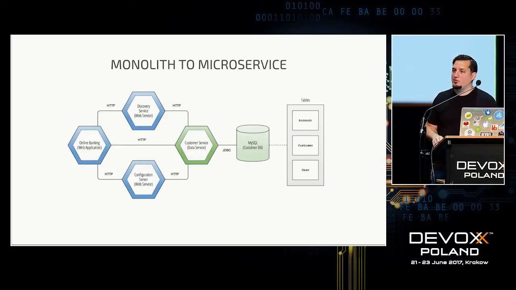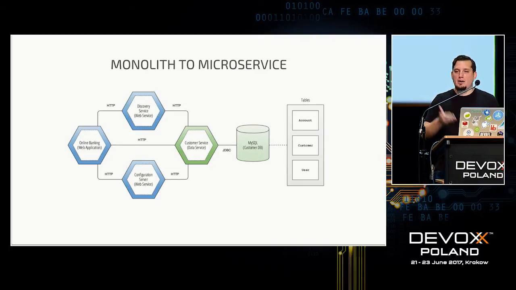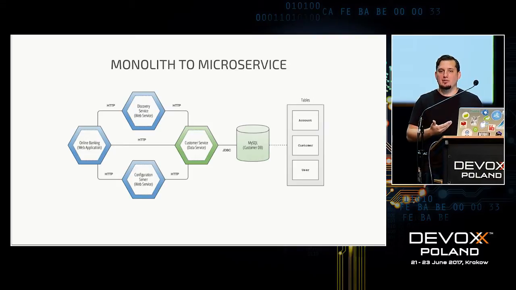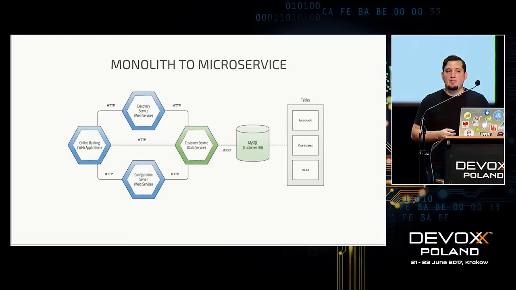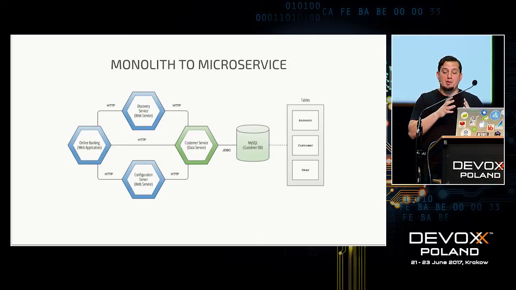And then the second step is to look at my database schema here. I have an account table, customer, and user. And I have to decide on which one of these tables I want to slice out as well, because each microservice is going to have its own database. And that means that I'm not going to have a DBA somewhere having to vet all of the changes across 500 microservices. Each development team on a microservice will have their own database.